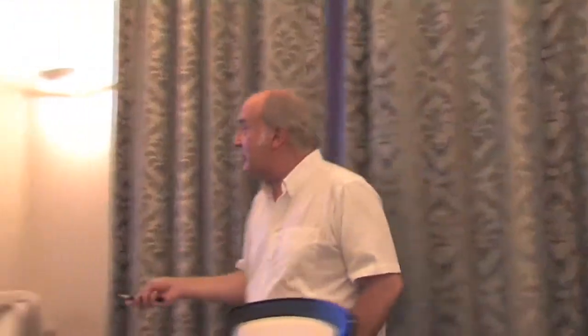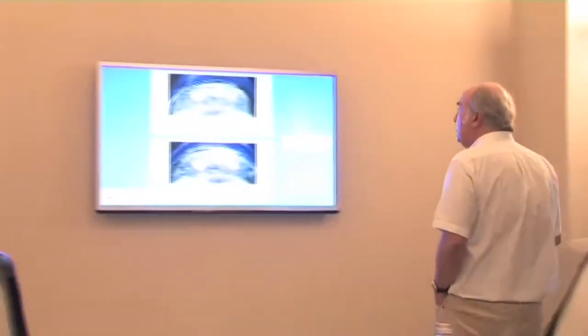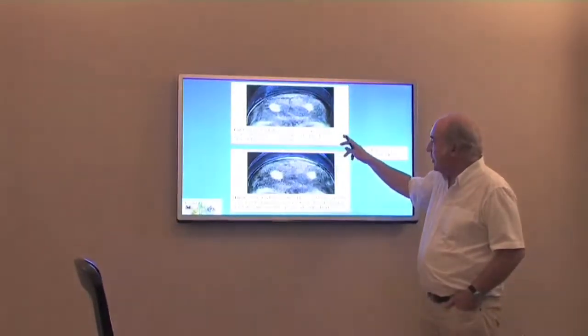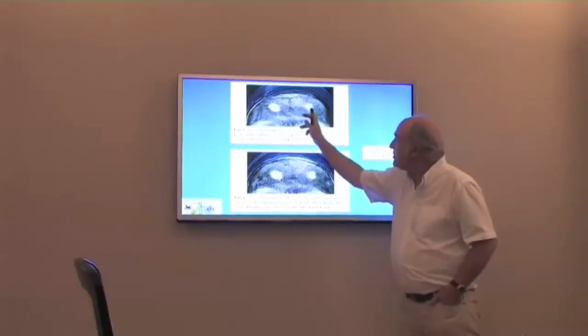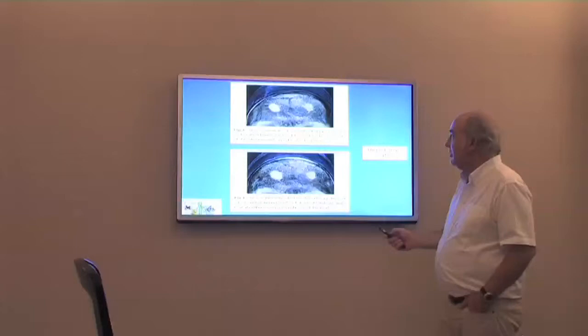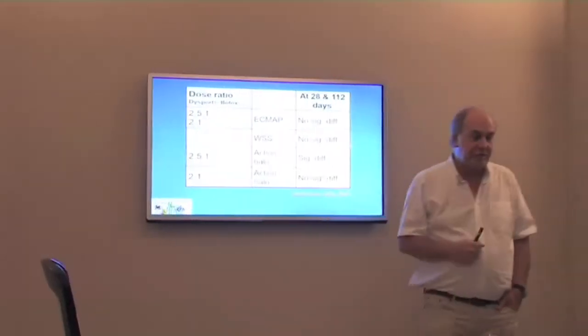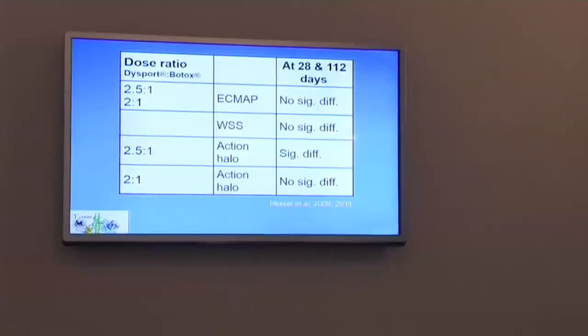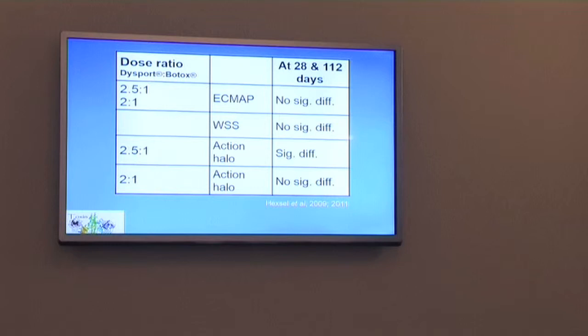And here you can see the difference, right? Here is 2 to 2.5, and there is a difference between these. She also showed this. She measured the effect different ways, by different techniques. First of all, she measured it electrically. What was the muscle activity electrically?